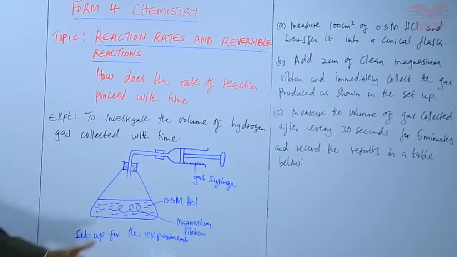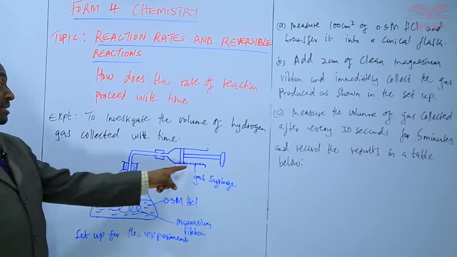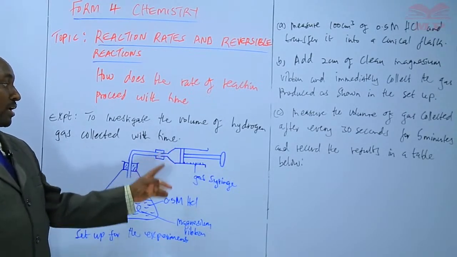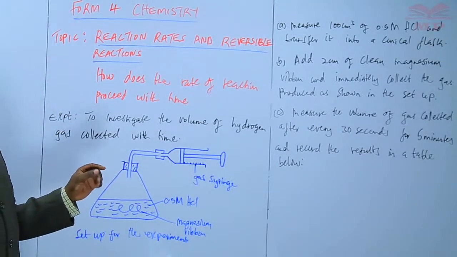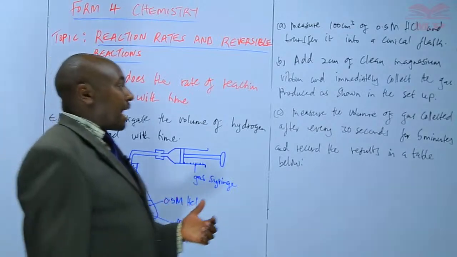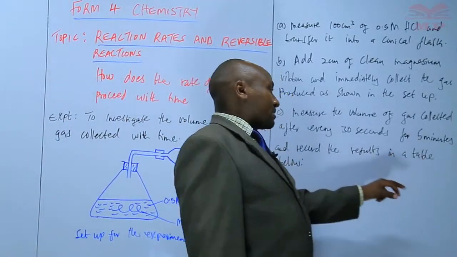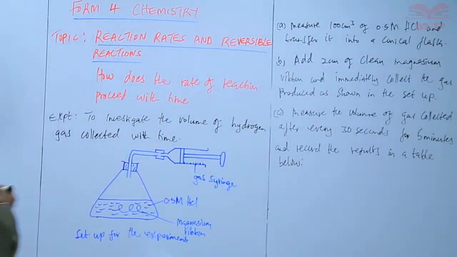Our gas syringe is calibrated, so every 30 seconds we read how much gas is collected, up to a duration of 5 minutes, and then we record the results in a table.